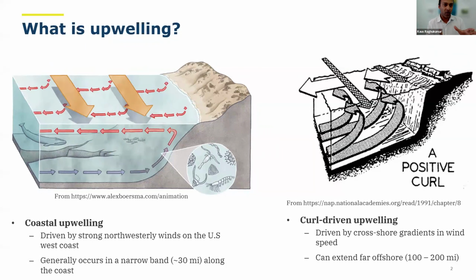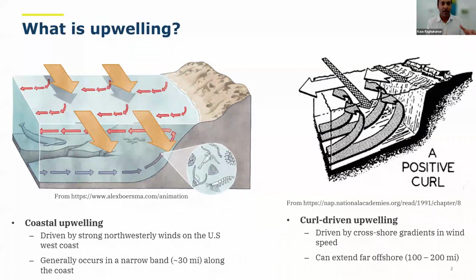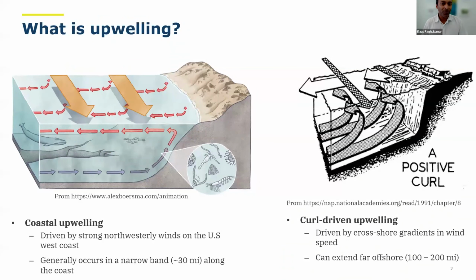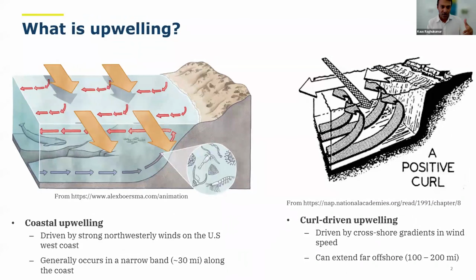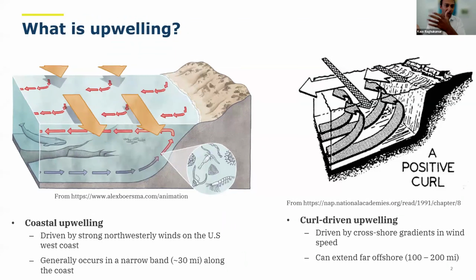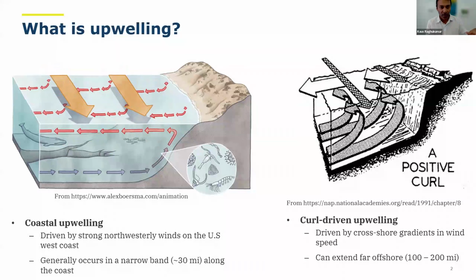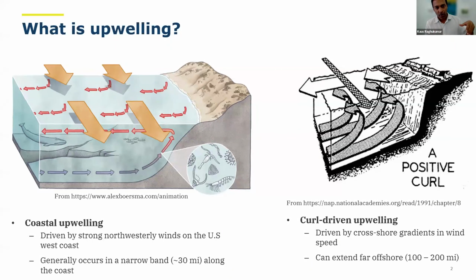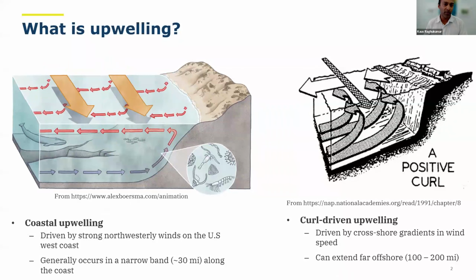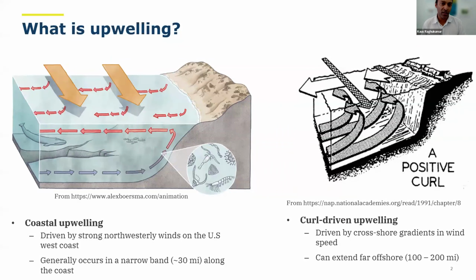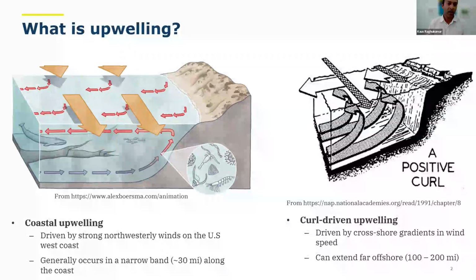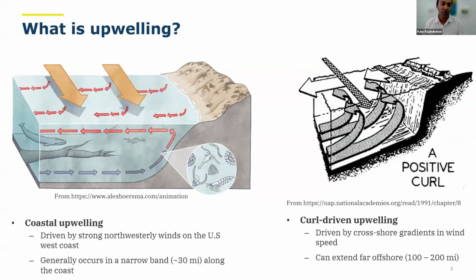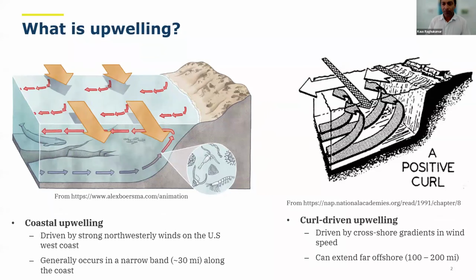Because of this deficit, it's replaced by cool, deep, nutrient-rich waters from deeper water. This conveyor belt of offshore transport of surface waters and replacement by cool, deep, nutrient-rich waters is coastal upwelling, and it sustains the highly rich ecosystem we have on the west coast of the United States.